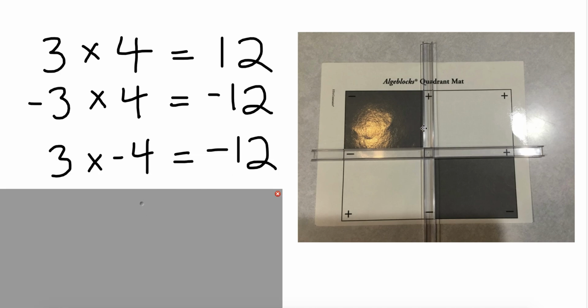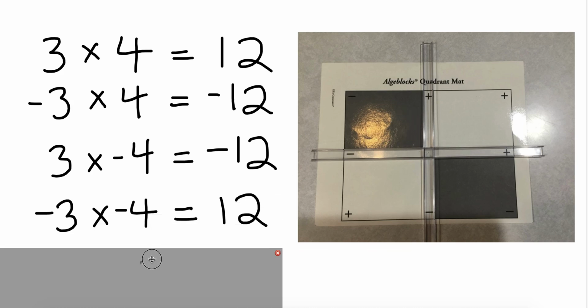If we flip it around, where we put the positive 3 up here and the negative 4 on the side, it's still going to give us 12 in the negative quadrant. And finally, if I do negative 3 times negative 4, then my answer will be in the positive quadrant and give us a positive 12. This pattern that you see here will work for multiplying every positive and negative number combination.